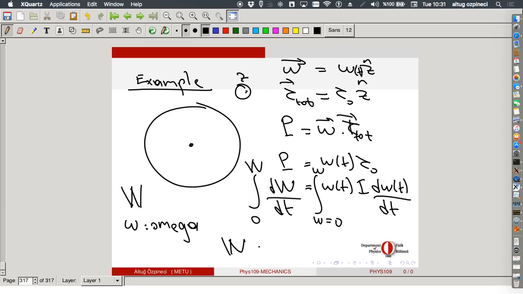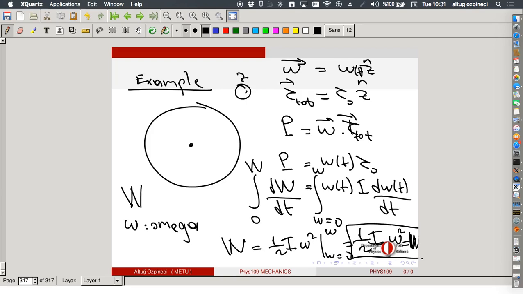This will be one half I omega squared, with omega going from 0 to omega. This is the total work done. Now this is basically a proof of the work-energy relationship. Okay, let me do the last step once more. Okay, this is what we had obtained.